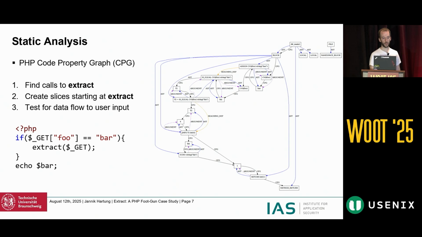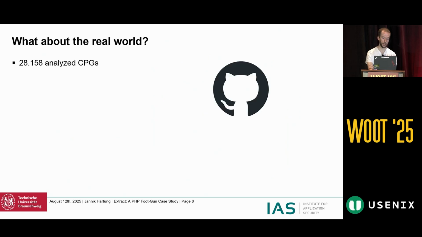And then we see if any flow exists to these GET or POST superglobals. So the user input reaches the extract call in some way. This is really broad and might catch other usages of the extract call, but this is good enough to do a large-scale analysis. And that's what we did.